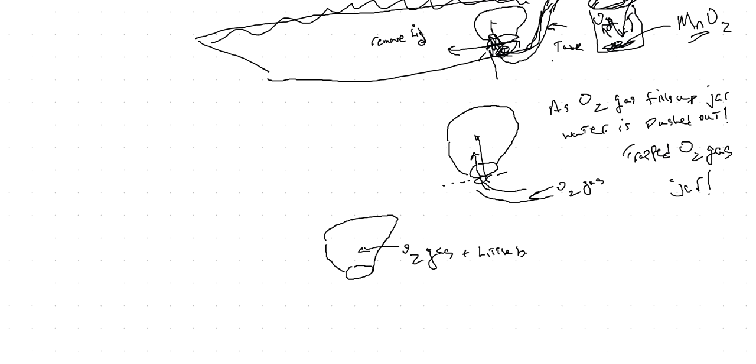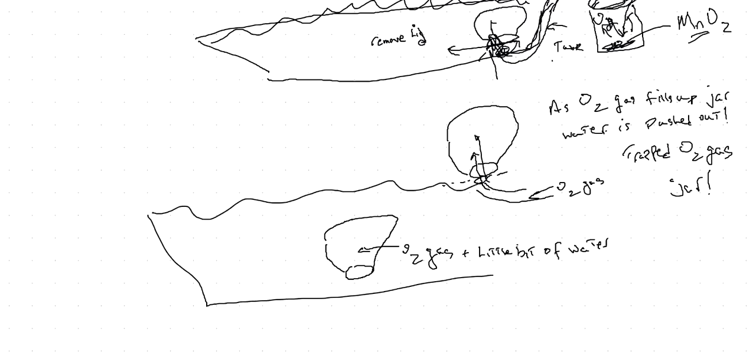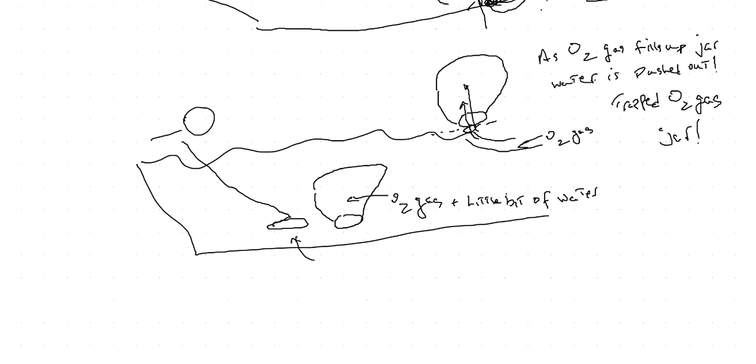And then remember, this is all underwater in the trough, right? Then we're going to take our hand, and take the cap to the jar, and we're going to screw the cap onto the jar.